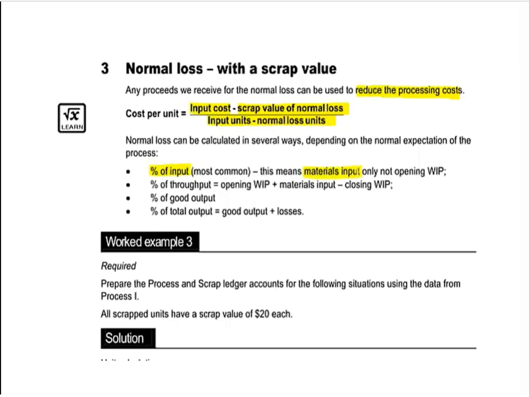It might be the percentage of throughput, so that would be opening work in progress plus any materials added, less closing work in progress. It might be a percentage of good output, or it might be a percentage of total output. You just need to make sure that you're applying that key skill of reading the question carefully to pick out the right approach.